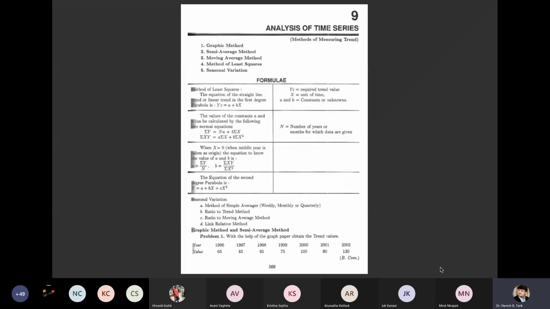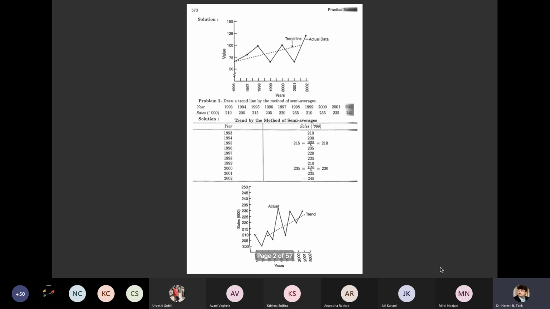Similarly, the highest value in the row is 130. So your y-axis should consist of these two points and all the points in between. You can put the y-axis accordingly, starting from 65, and it should go more than 130. Then only you'll be able to put all the points on a graph paper. Let us see how things work.